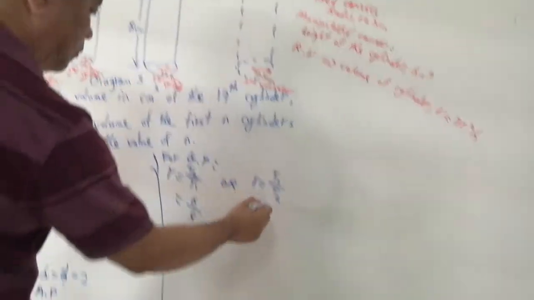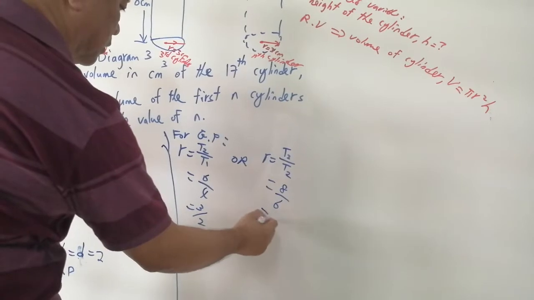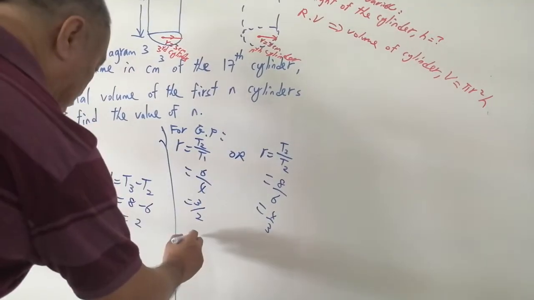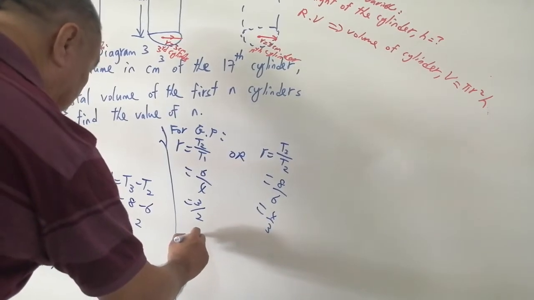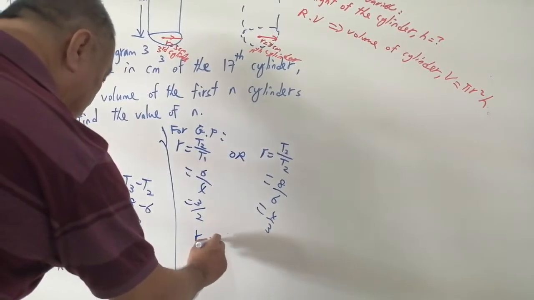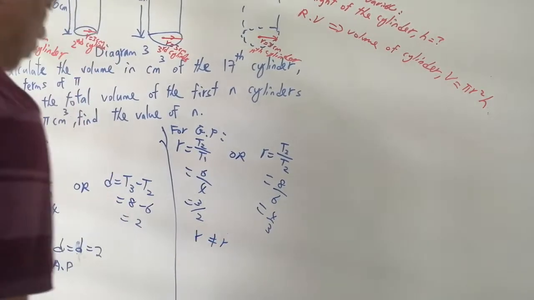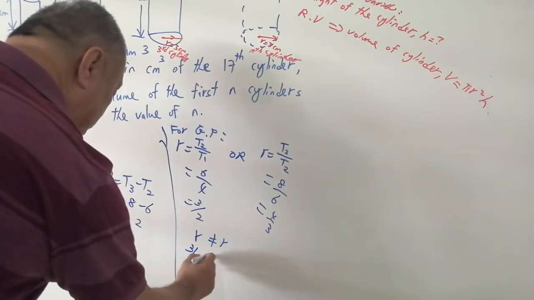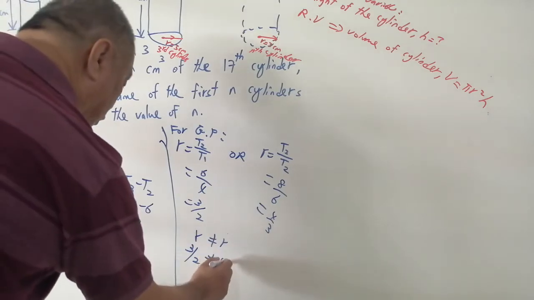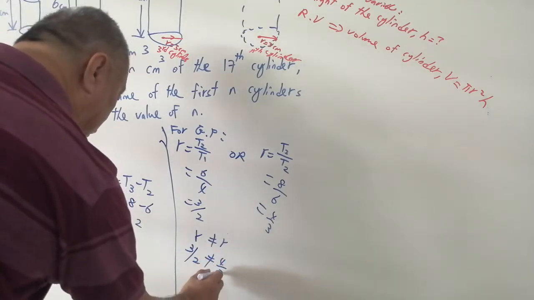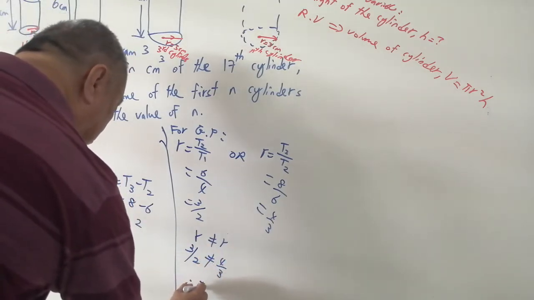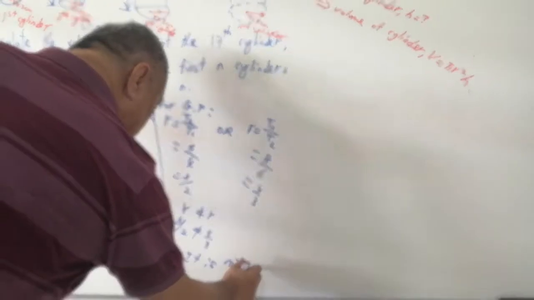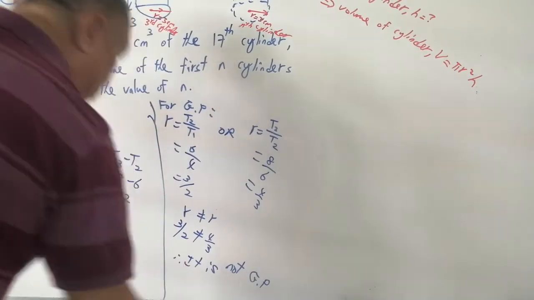T3 is 8 divided by 6. So you can see the common ratio r is not equal to the other common ratio. The first one is 3/2, the second one is 4/3. Therefore, it is not GP, geometric progression.